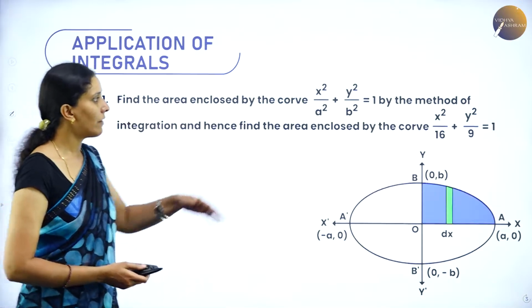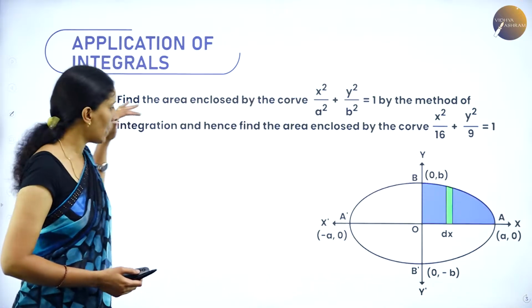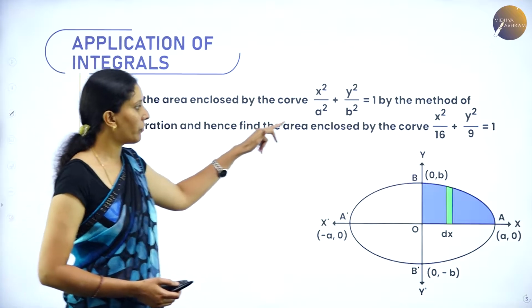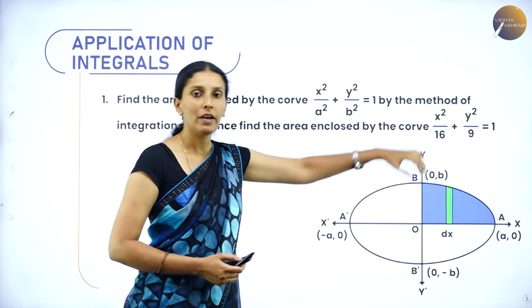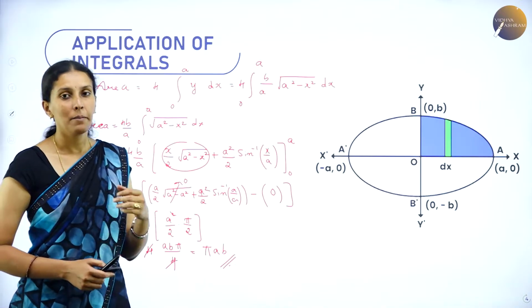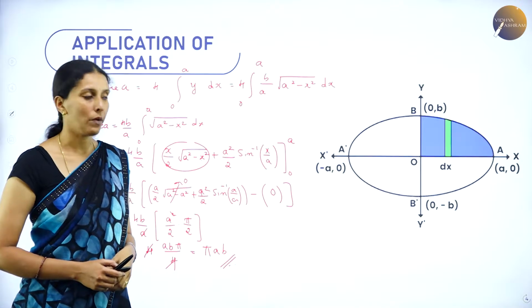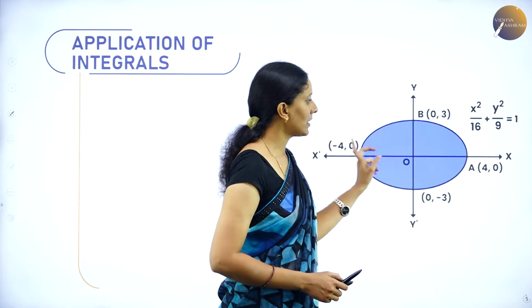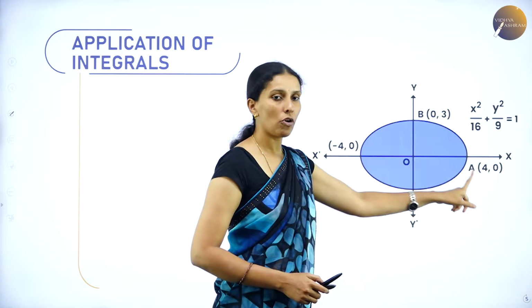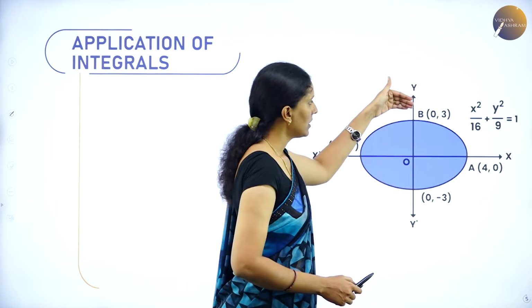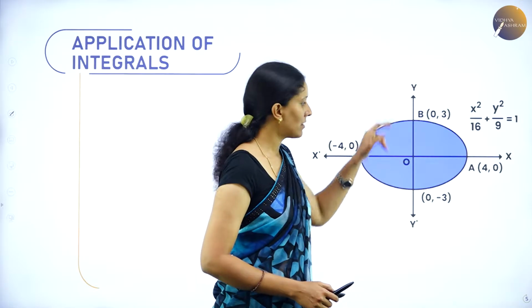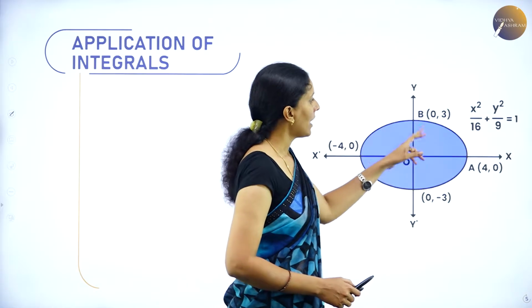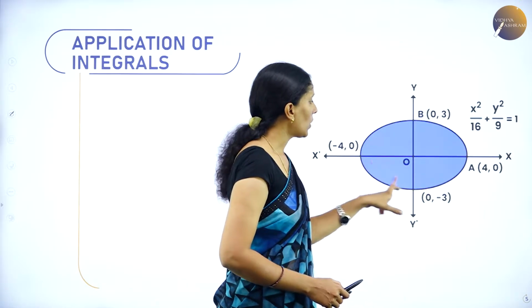Here what they have asked, after finding the area by the method of integration, is to find the area enclosed by the curve x square by 16 plus y square by 9 is equal to 1. This is the curve whose vertices are 4, 0, minus 4, 0, and 0, 3 and 0, minus 3 along the y-axis, and this is the total area.